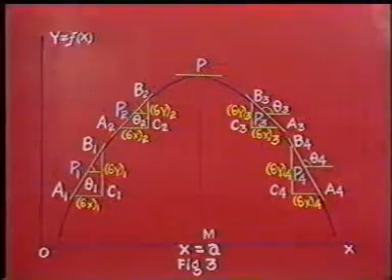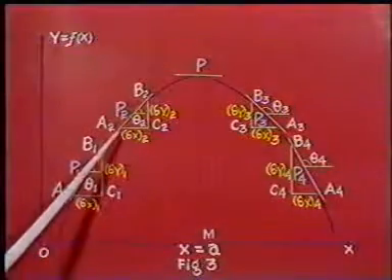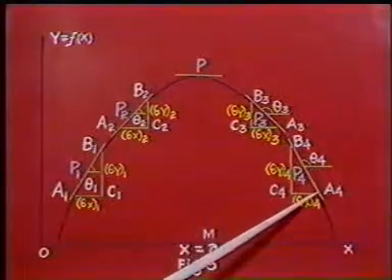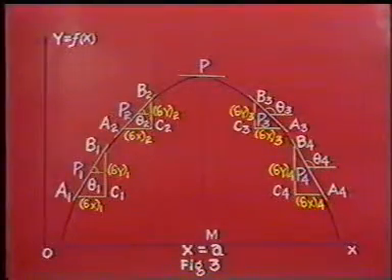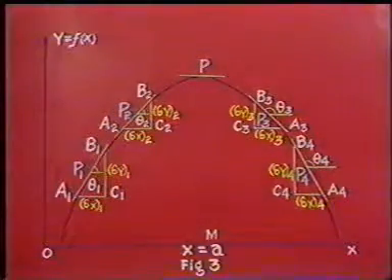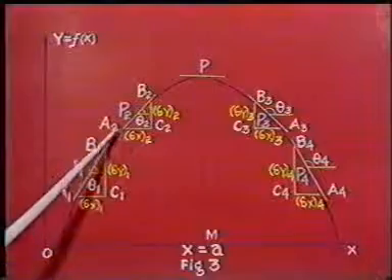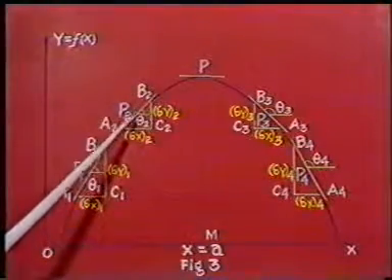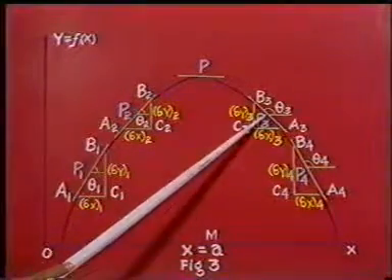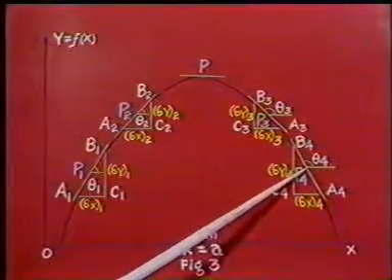We shall keep the base of every right angle triangle equal. That is, A1C1 is equal to A2C2 is equal to C3A3 is equal to C4A4. Let the increments in x and y be represented by delta x1, delta y1 at point P1, delta x2, delta y2 at point P2, delta x3, delta y3 at point P3, delta x4, delta y4 at point P4.